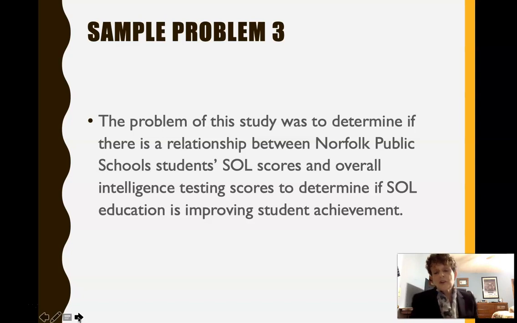Why? To determine if SOL education that is mandated in Virginia is improving student achievement. So here you can see why this is a valid and purposeful statement and a reason to do this particular research goal.